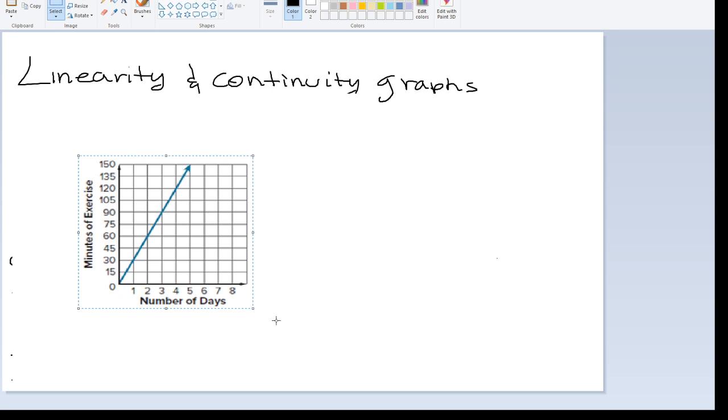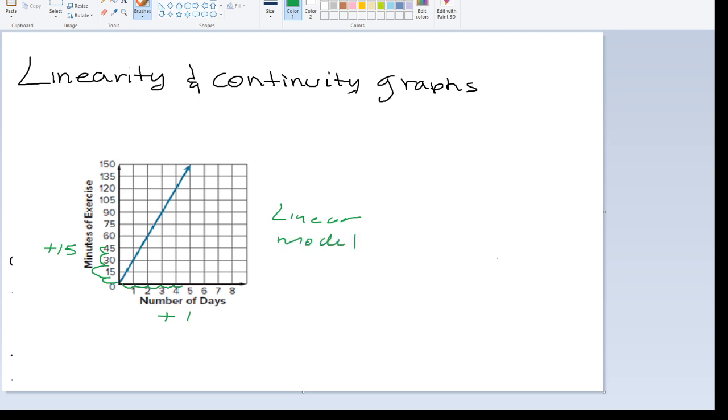And we know it's linear because on the x-axis, it's increasing at the same rate each time. So notice it's going by 1, 1, 1, 1, 1. And on the y-axis, it's increasing by 15, 15, 15, 15. So when the change is the same for the x and the change is the same for the y values, we can say this is a linear model.